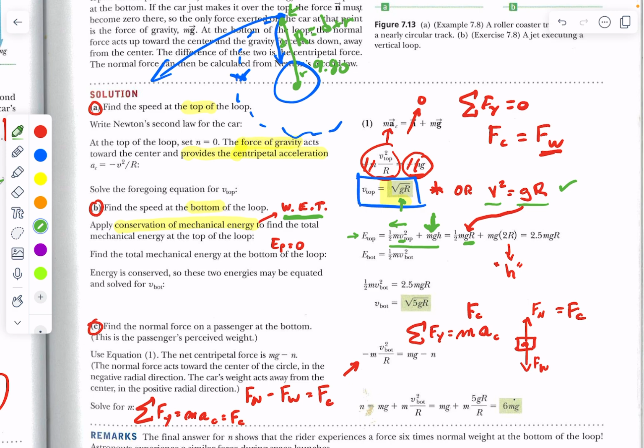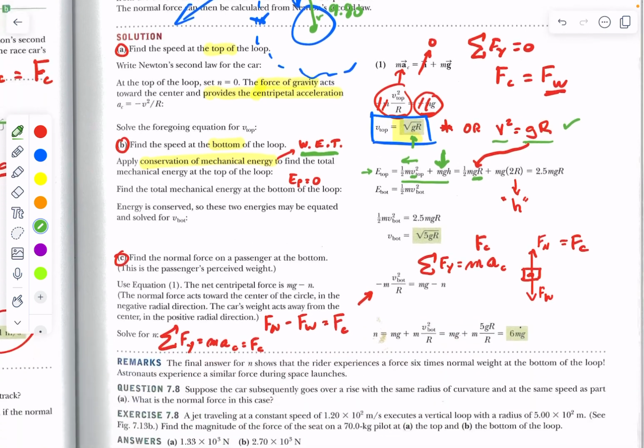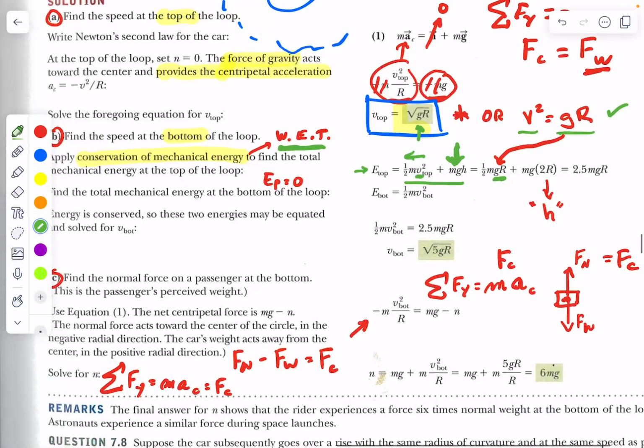The height is going to be this whole distance right here, from the top to the bottom. So that's 2 times the radius. That's the diameter, 2 times the radius. And so when I simplify this equation, you can see that my energy at the top is 2.5 times its weight, mg, times the radius.